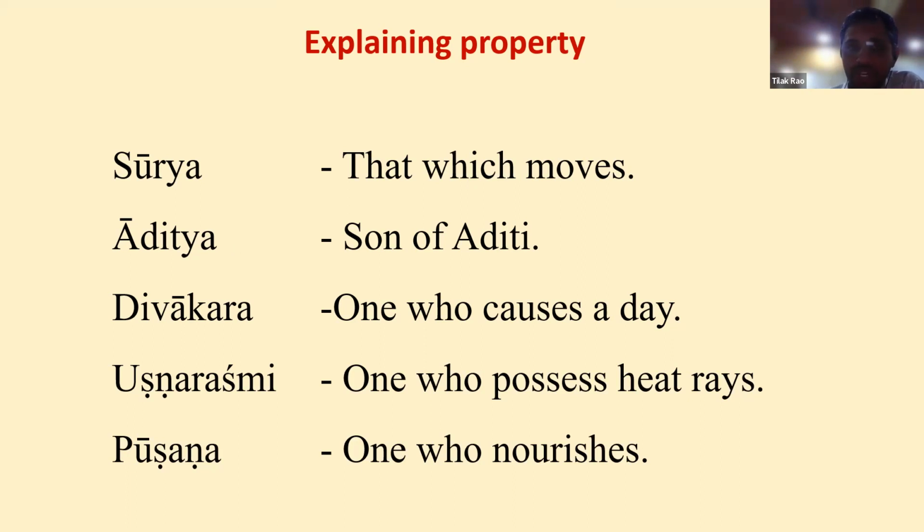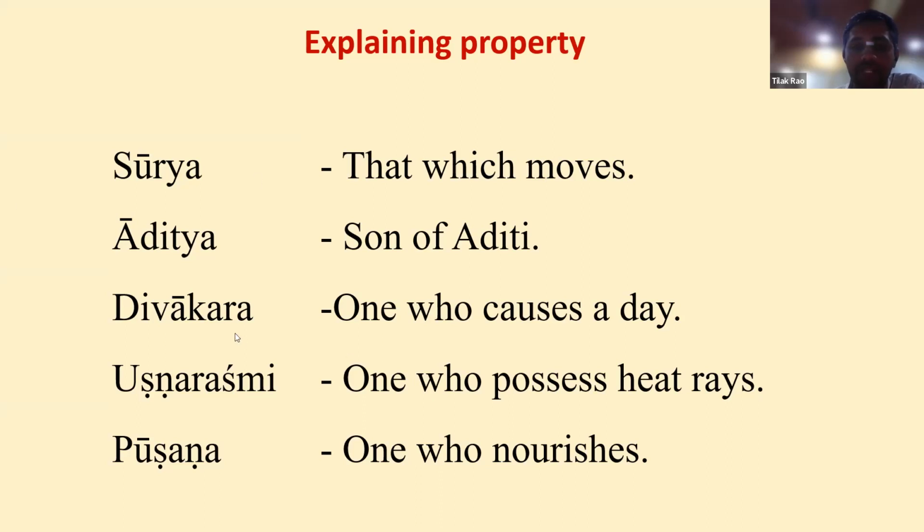There's a property. When one observes sun, it seems as if it is moving. Therefore, we use the word Surya. And when we say Aditya, it is derived from the word Aditi, son of Aditi is Aditya.